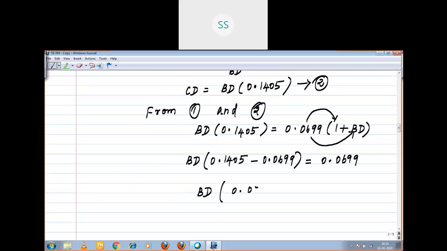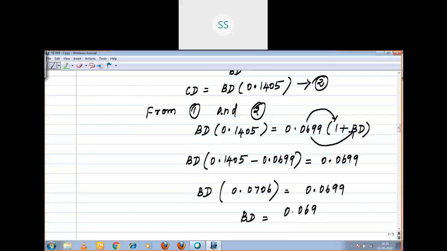Now, BD into 0.1405 minus 0.0699 BD equals 0.0699.